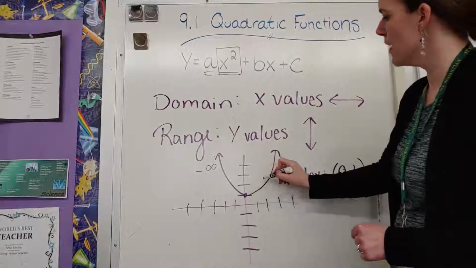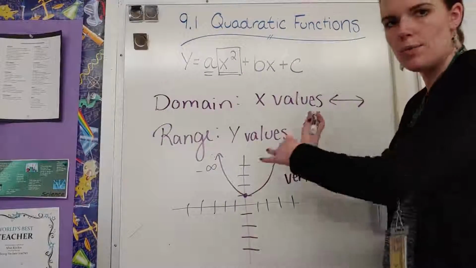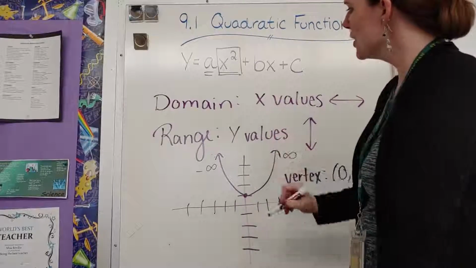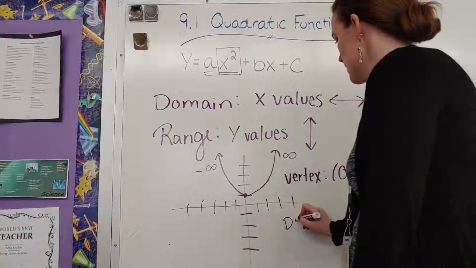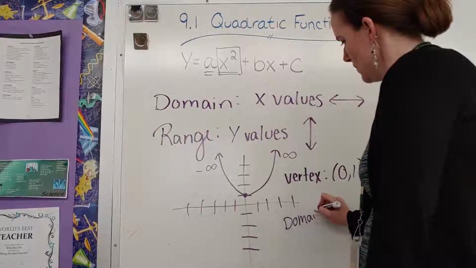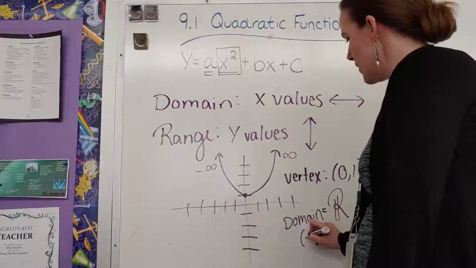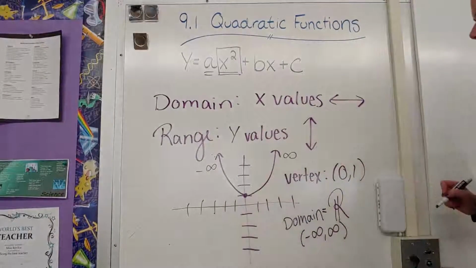This is going to go forever and ever, really slowly, but it would still continue to get wider and wider infinitely. So you're going to say that your domain is all real numbers. Some teachers will have you write that as negative infinity, comma, infinity. That's the domain.